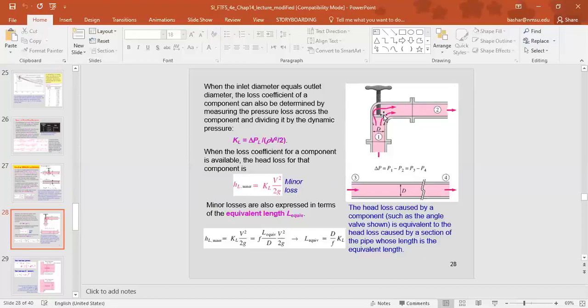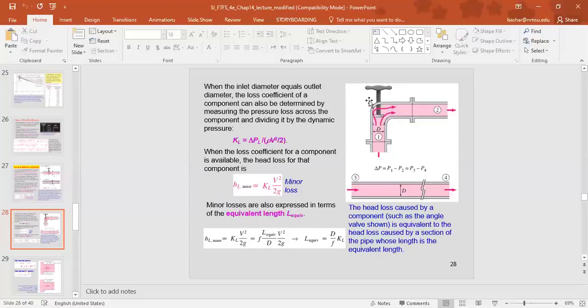Every component may be represented by an equivalent length. It is very common in the design of piping systems for sanitary systems and for HVAC, the air conditioning systems, to use a concept called equivalent length. What do we mean by equivalent length?